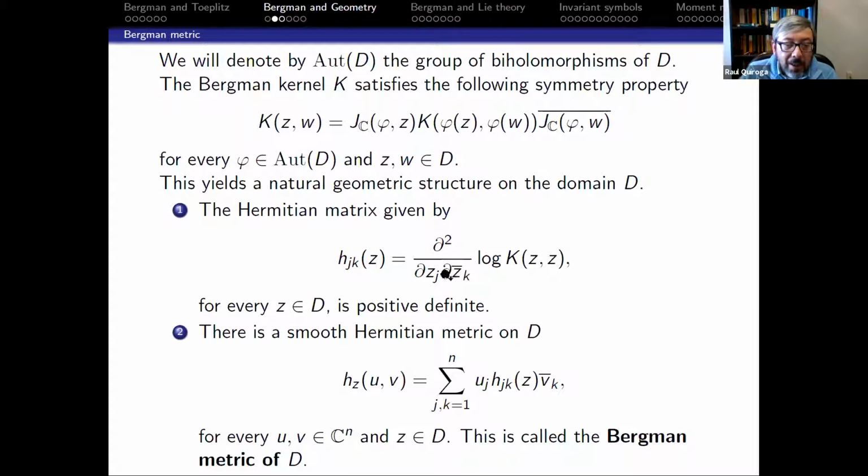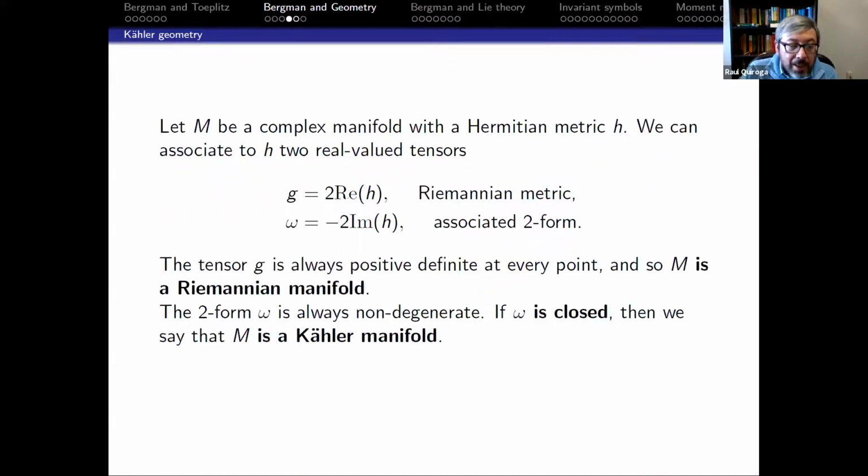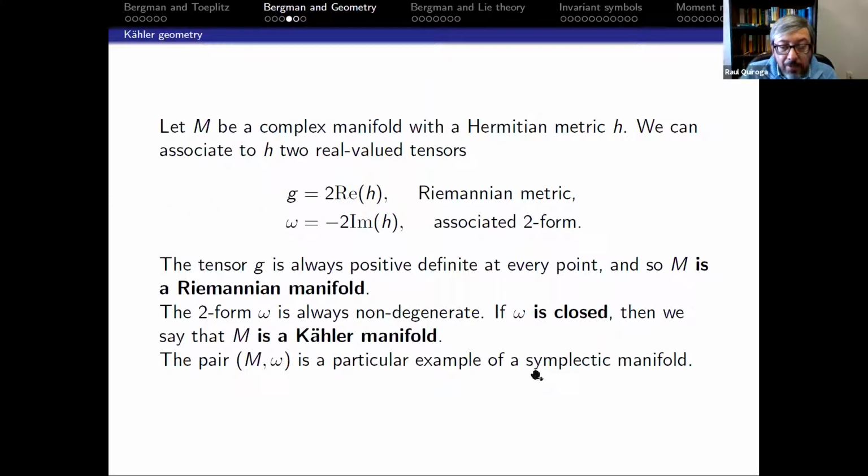Because of that, the corresponding two-form that is obtained by taking the imaginary part of this is closed. And you get, for bounded domains, symplectic geometry, not just Riemannian geometry.